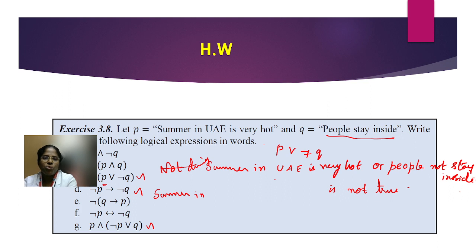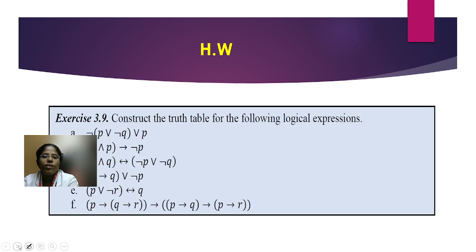Like that we need to use for D. And for G, we need to say summer in UAE is very hot and we can say summer in UAE is not very hot or people stay inside. Okay, this is in a group. So like that, you need to translate it in words.